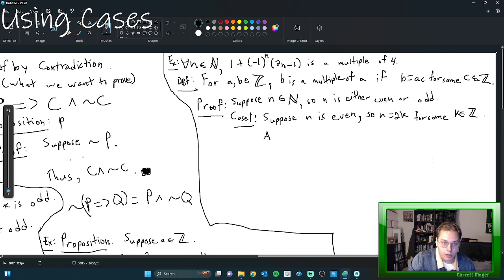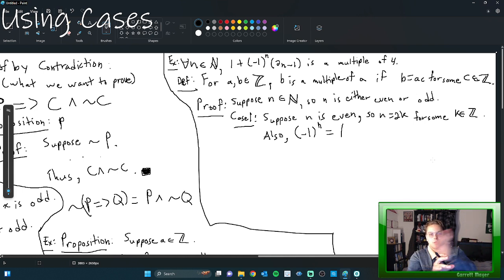Also, since n is even, -1 to the power of n is just 1. Basically, the way that this sort of function works, it just flips from -1 to 1 to -1 to 1. You start with -1 to the power of 1, that's just -1.